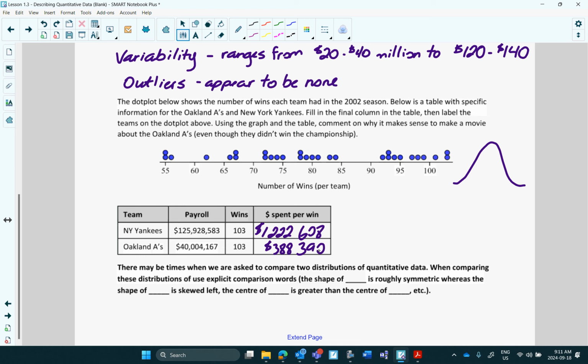The center of this one is whatever number, which is greater than the center of this one, which is whatever number. The range is this, which is more spread out than the range of the other one, which is this. Those are the kind of words that you want to use when you're comparing two distributions, and we will see that.